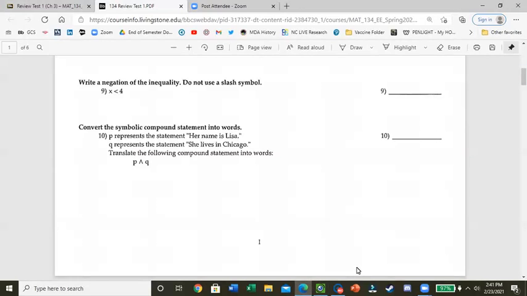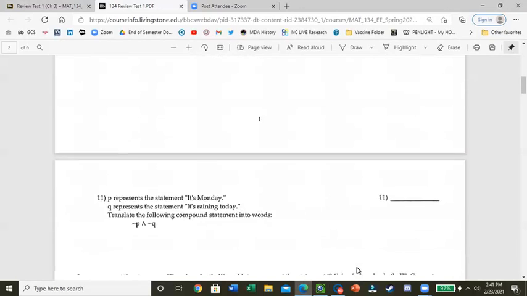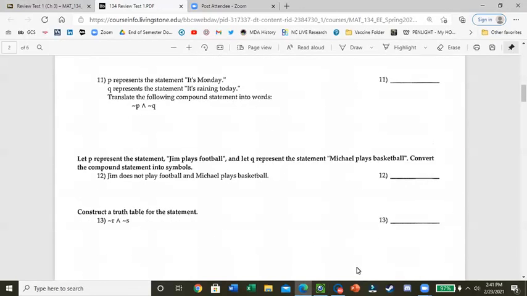Okay, I'm moving right along. Okay, here we have P is it's Monday. Q is it's raining today. So if I were to write that out, P is it's Monday.